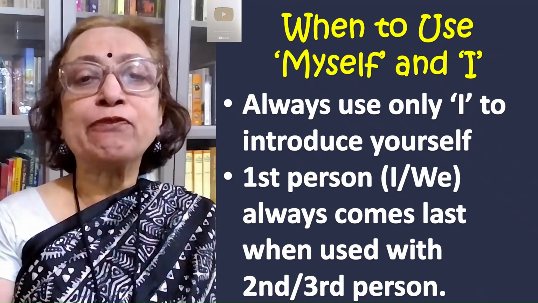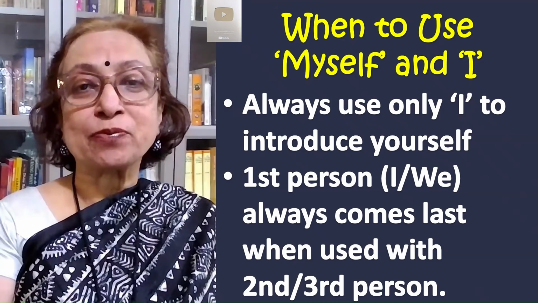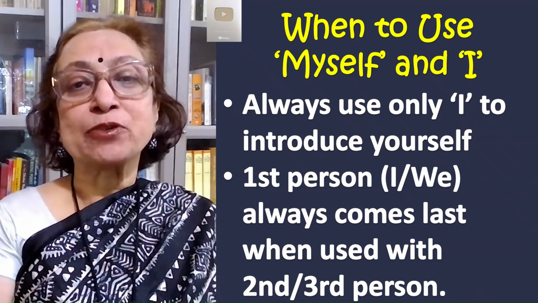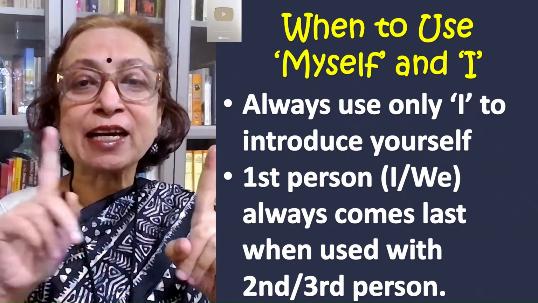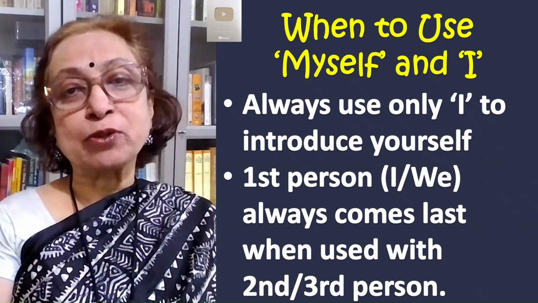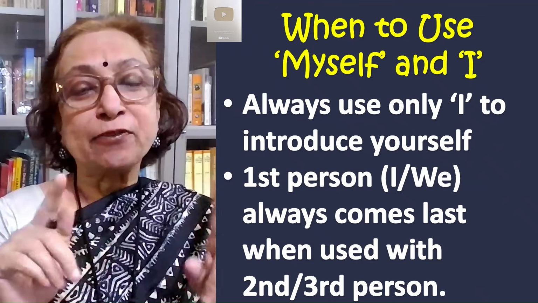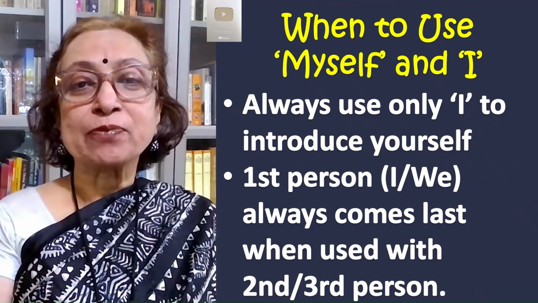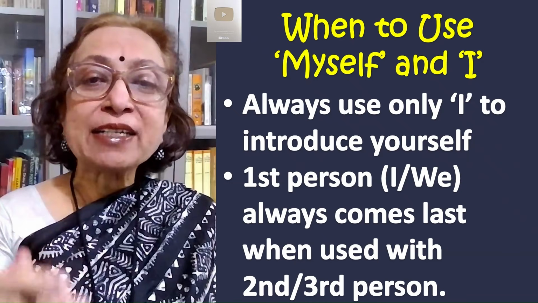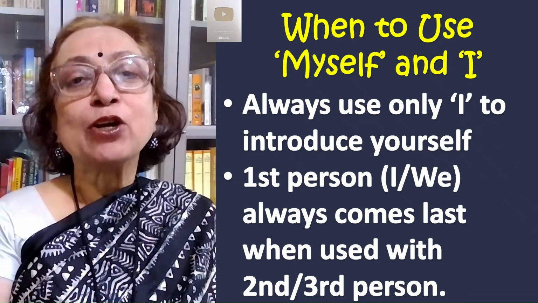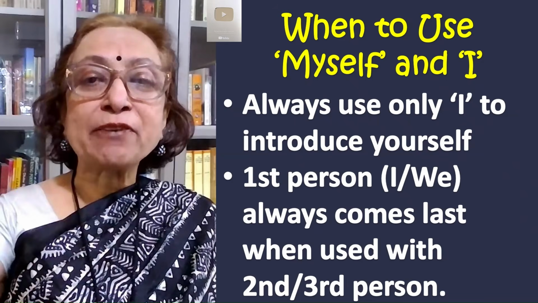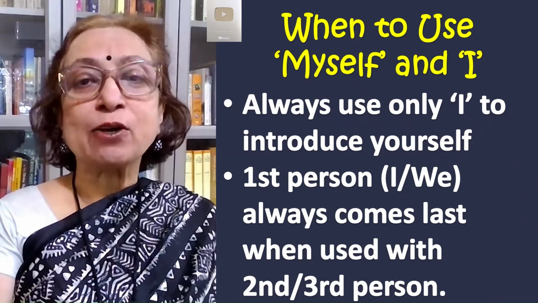We don't use myself unless we have I in the sentence. I myself learn English. I teach myself English. So where I is there, myself is also there. But without the I, you cannot use myself. You cannot say, myself and my family go for a vacation. Myself and my family live in this house.